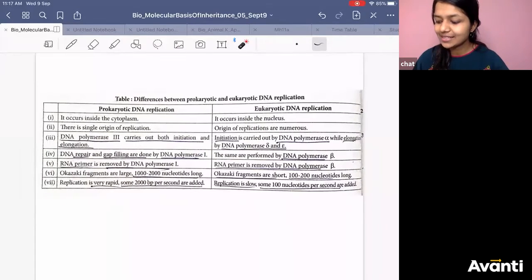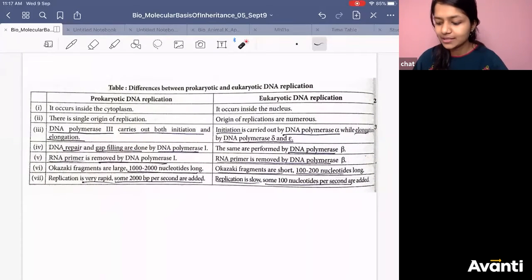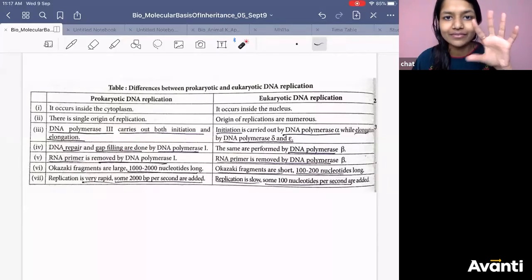So this is the basic difference between prokaryotic DNA replication and eukaryotic DNA replication, which we have discussed already. Right? I had told you DNA polymerase 3 helps in what? Replication in prokaryote. In case of eukaryote, I had asked you to just remember DNA polymerase. But if you have curiosity, I had told you DNA polymerase is of 5 types in eukaryote: alpha, beta, gamma, delta, and epsilon.